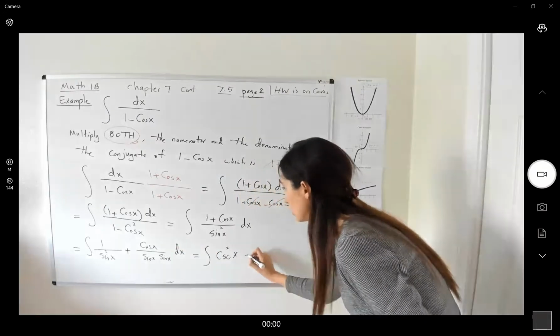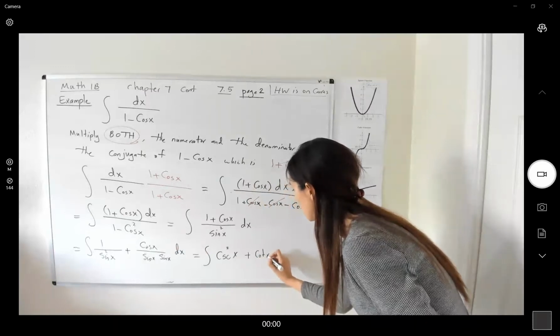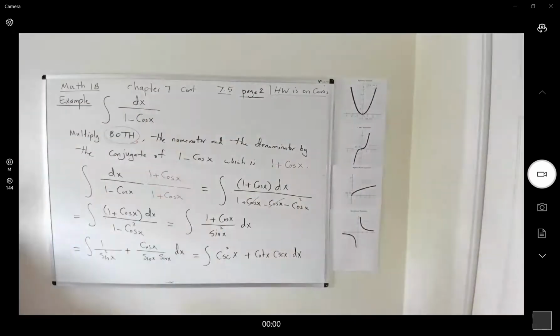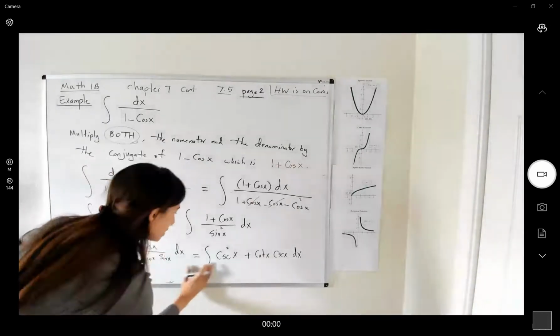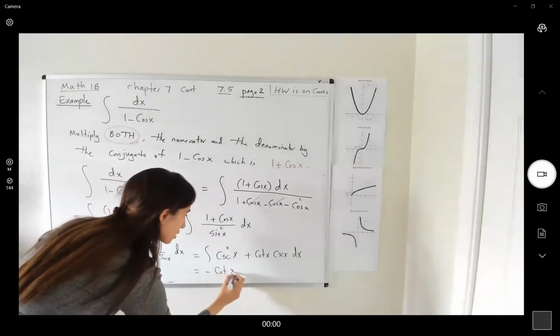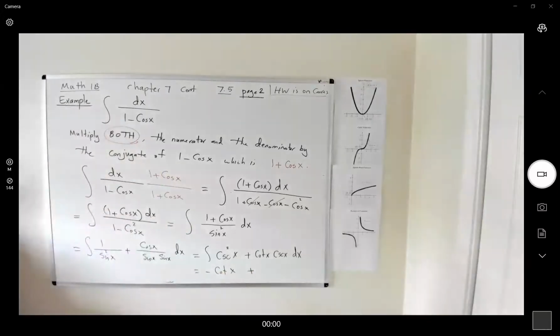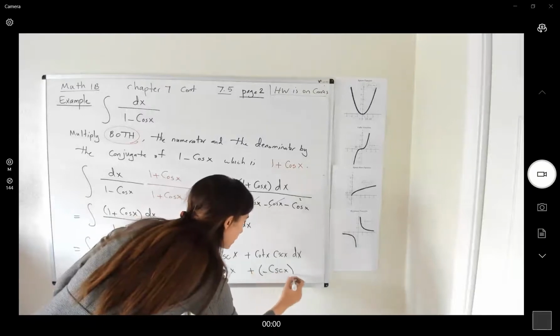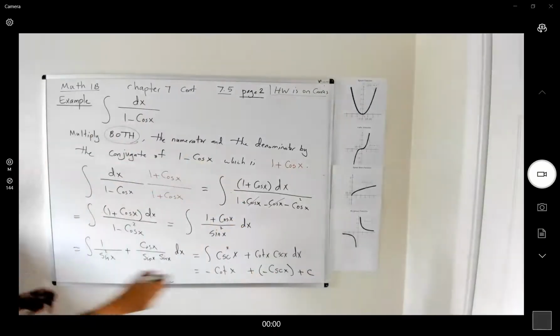And this integral is cotangent times cosecant x dx. The integral of cosecant squared, if you remember the table, is equal to negative cotangent x, and the integral of cotangent cosecant is equal to negative cosecant of x plus constant of integration.